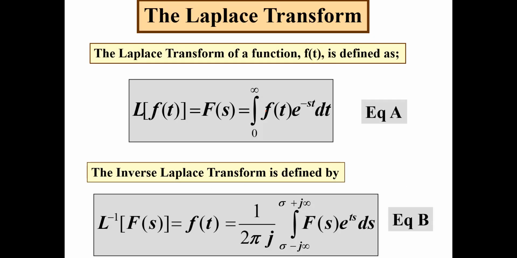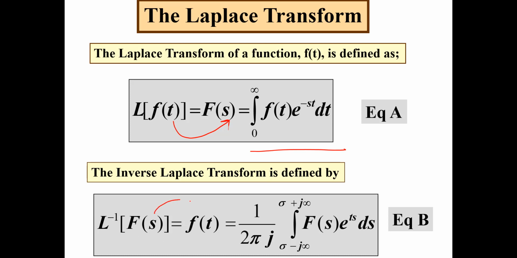Okay, so this is the function I told you before. For the Laplace transform, if we transfer from domain t to domain s, we use this equation, integral from 0 to infinity of f(t) e to the power of minus st dt. And the inverse, we will talk about later after we finish the Laplace transform, is this one.